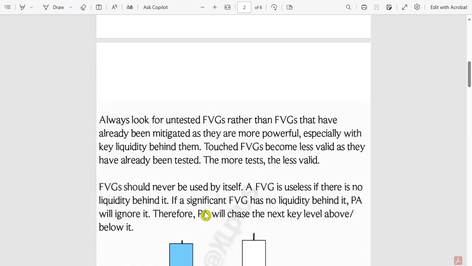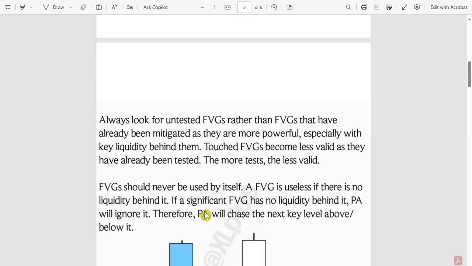So always look for untested fair value gaps rather than the fair value gaps that have already been mitigated. These untested fair value gaps are going to become more powerful, especially with key liquidity behind them.